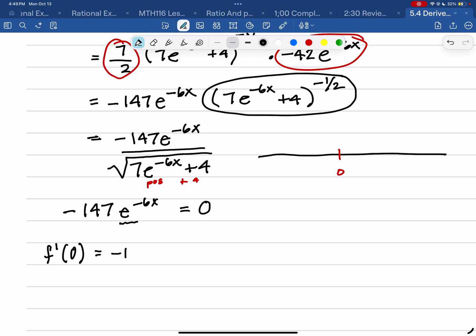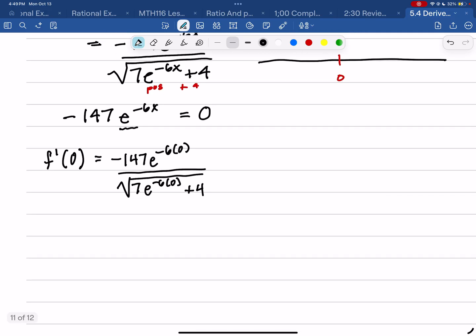So it's negative 147 e to the negative 6 times 0 divided by the square root of 7e to the negative 6 times 0 plus 4. So that's going to be negative 147 e to the 0 over the square root of 7e to the 0 plus 4. Well, any base to the 0 is 1.